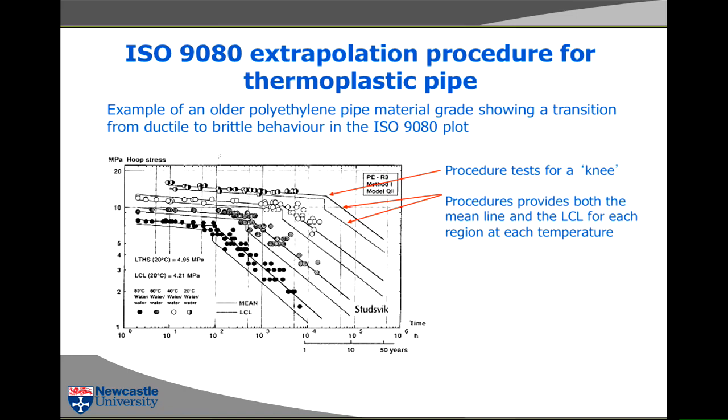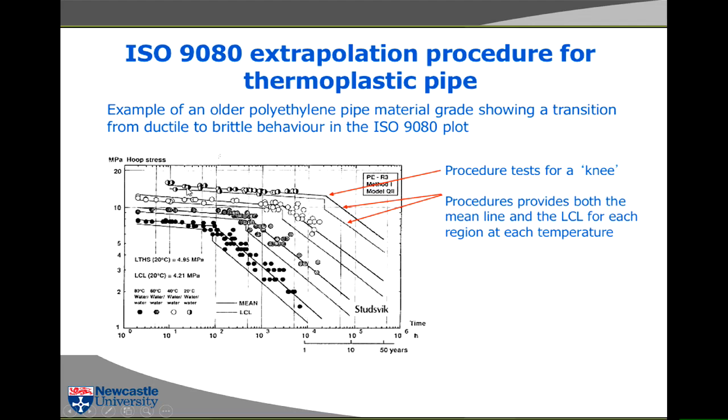There's much greater scatter on those experimental points than there is on the ductile process. So again, you observe all your failures up to here are parrot's beak, and all the ones beyond here are slow crack growth.